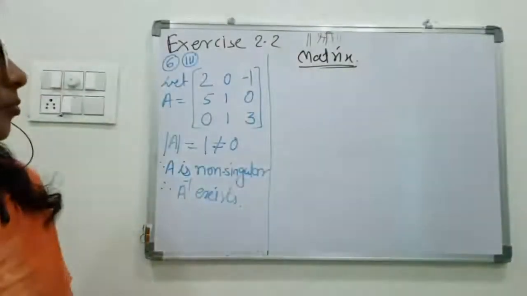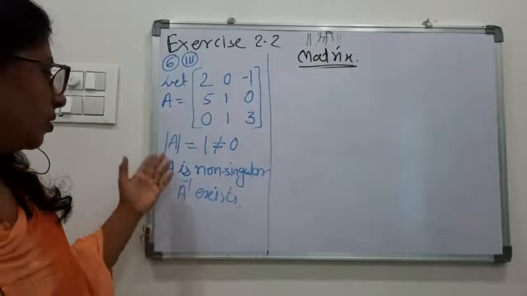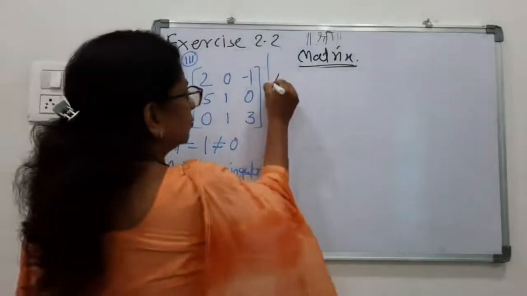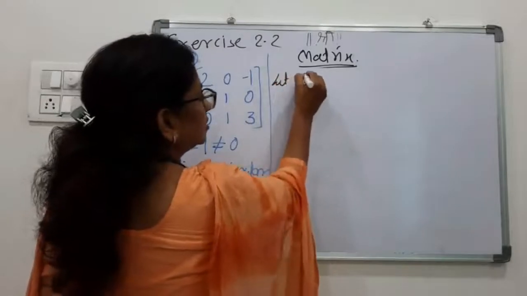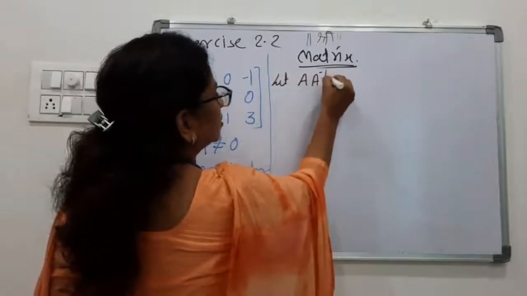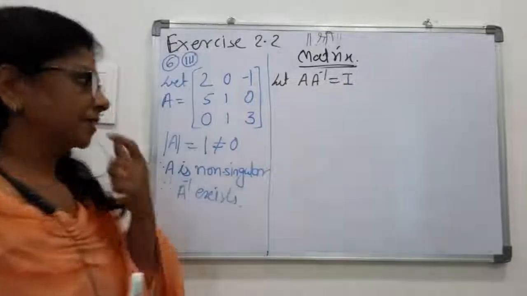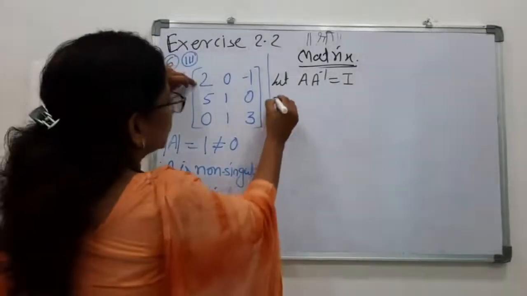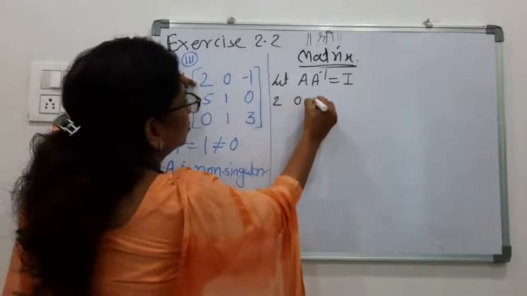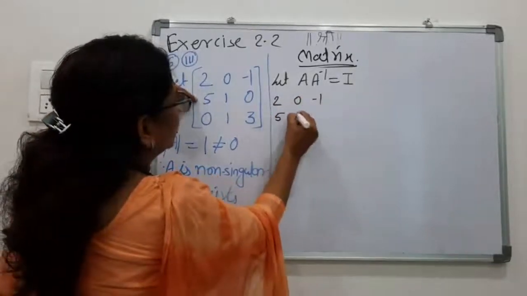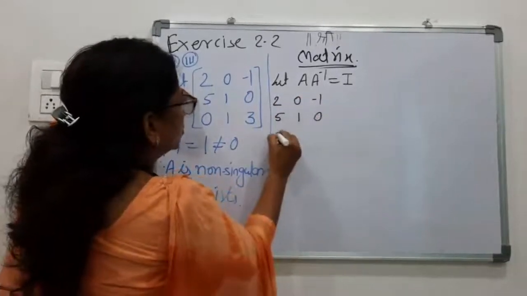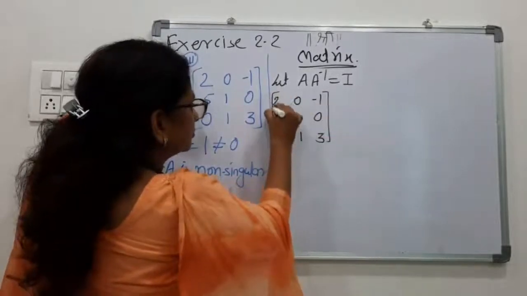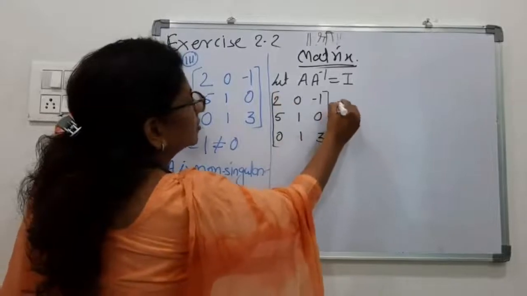Now again, the same procedure for row or column transformations, means elementary transformation. We have to start to find the inverse like this: A inverse equals identity matrix. So put the values. Here A is 2, 0, minus 1, 5, 1, 0, 0, 1, 3, A inverse.